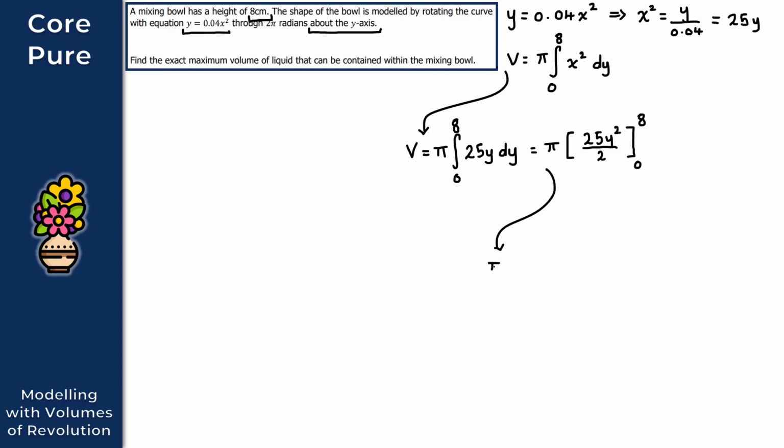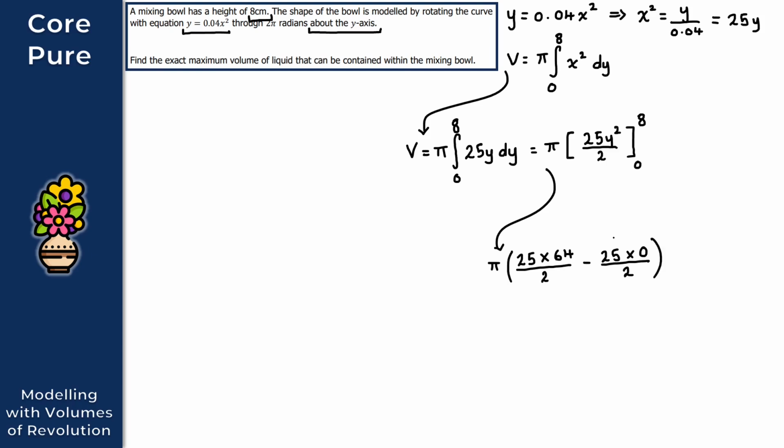I get pi times 25 times 8 squared over 2. 25 times 8 squared, well, 8 squared is 64, and then we divide by 2. Then we subtract the lower limit: minus 25 times 0 all over 2.